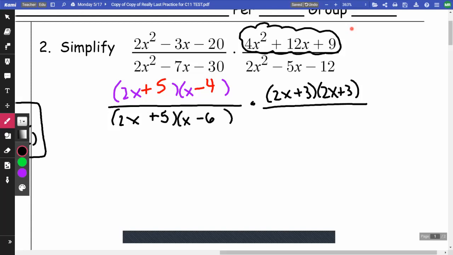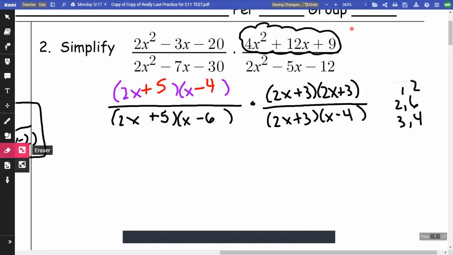And for the bottom, this is going to be a 2x and an x. I need a 12 and I need to get a 5. So again, we've got 1 and 12, 2 and 6, 3 and 4, and I'm trying to get a 5. I'm thinking 4 here, because that'll be an 8, and 3 here.